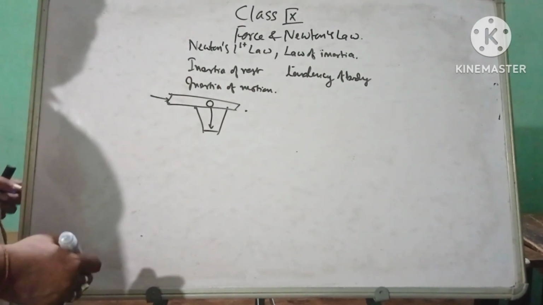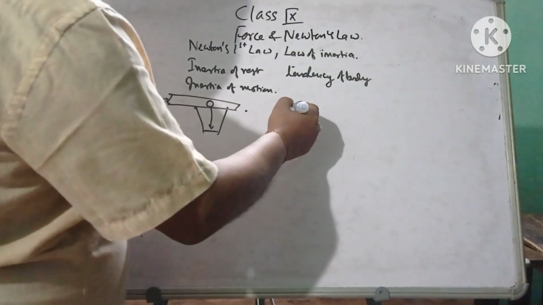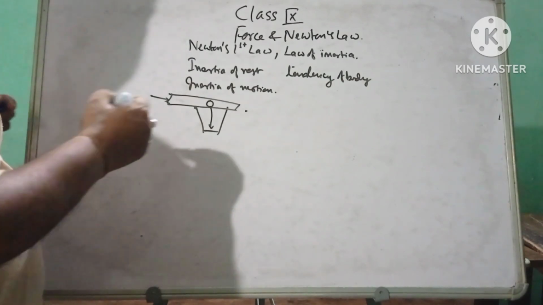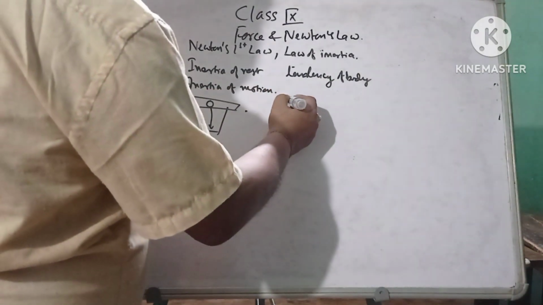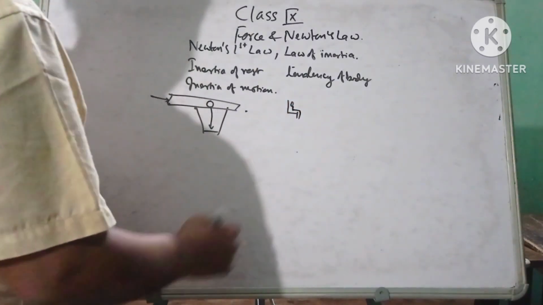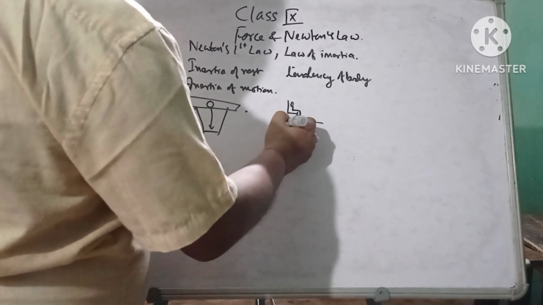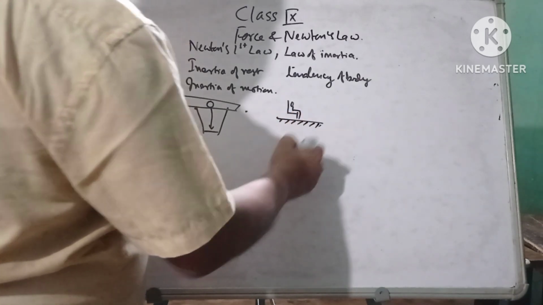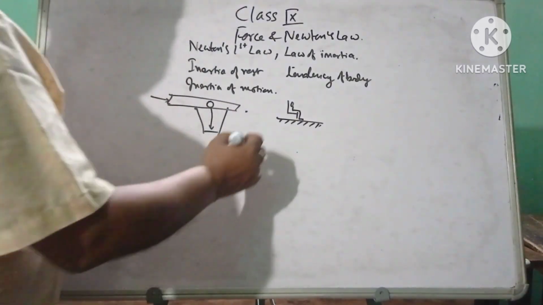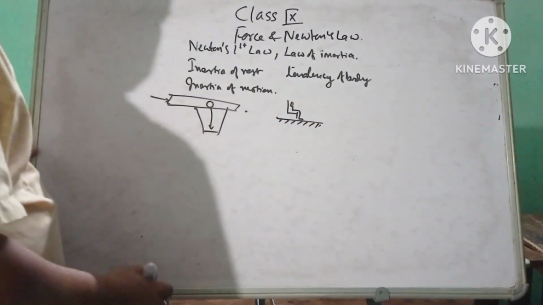Similarly, there are examples of inertia of motion. You may find that when you are sitting in a bus, and the bus is at rest, your whole body is at rest, including the lower part where your legs rest.